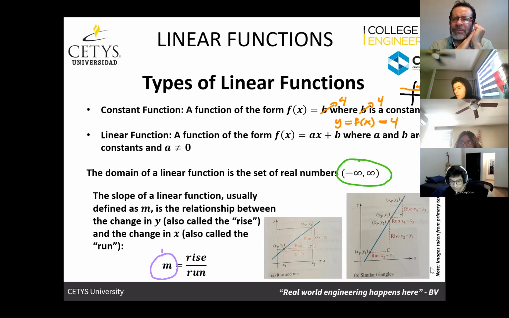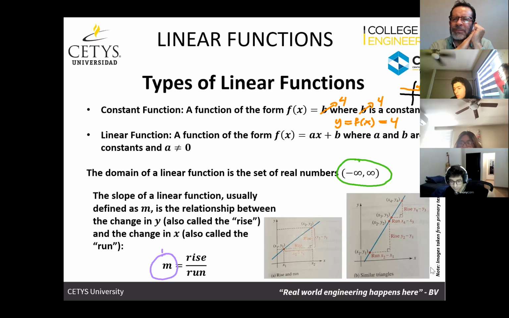Okay, now these are some examples of the linear functions and the concept of a slope. If we're talking about the relationship or the change between the height and the length, that's represented like this.